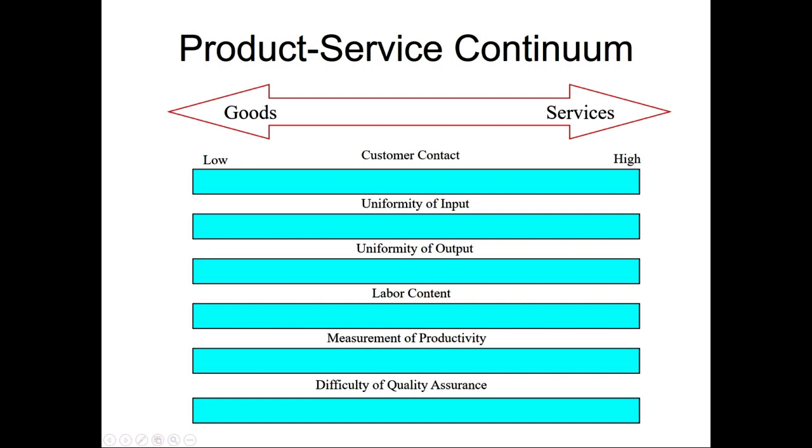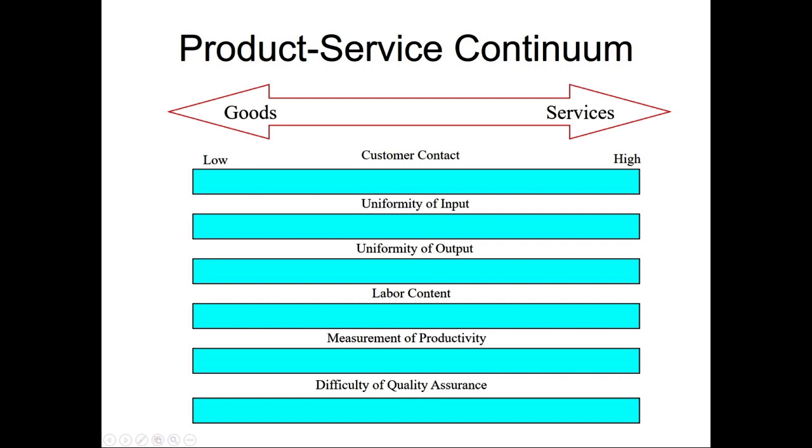So the reason I lay these out is because I want you to be able to look at your organization, where you're working, where you want to be working, where you've worked in the past, something. You should be able to rate each of these because this is an indicator of how difficult it is to manage the operation. If we have high labor content, for example, we're going to have training issues. We're going to have to provide higher pay because these are skilled people.